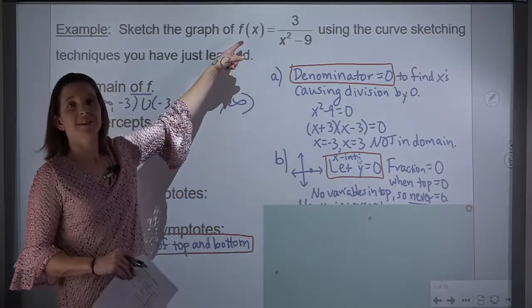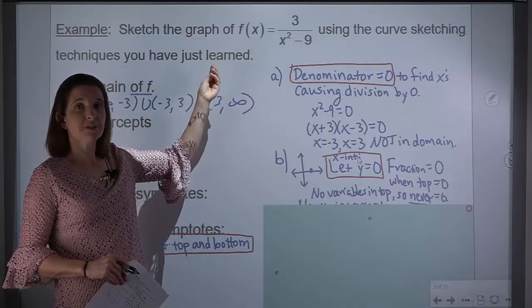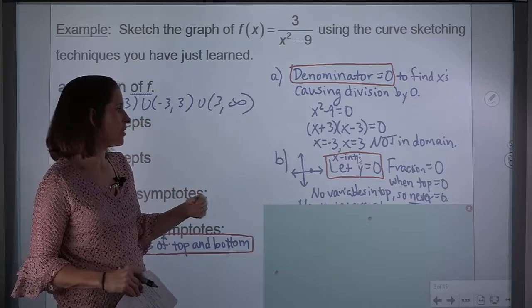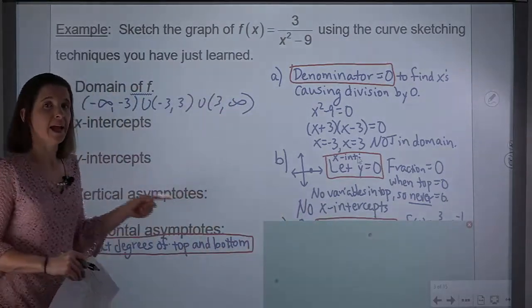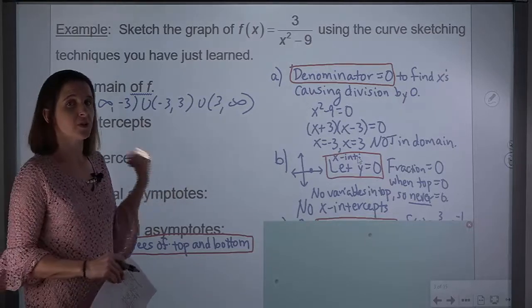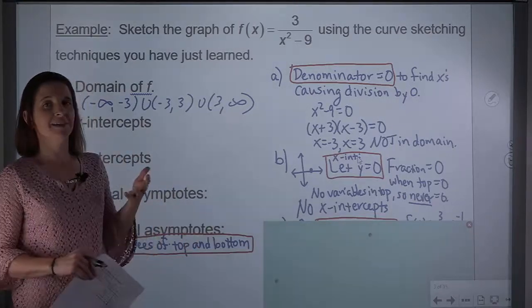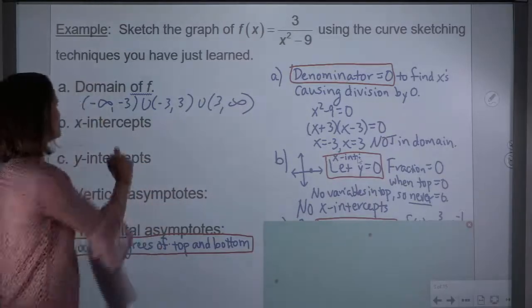Well, a fraction is 0 when its top is 0. So I'd really be setting just 3 equal to 0, but there's no variables there. 3 will never equal 0. And so I will actually end up not having any x-intercepts. Now, we've talked about this before. Don't just leave this blank. Tell me you know that there are none. Right? Blank means I don't know, but telling me that there are none means you know that there are none.